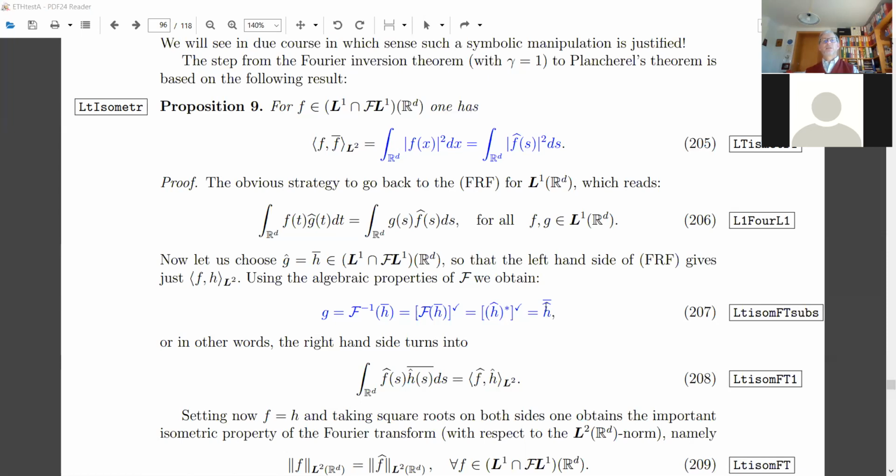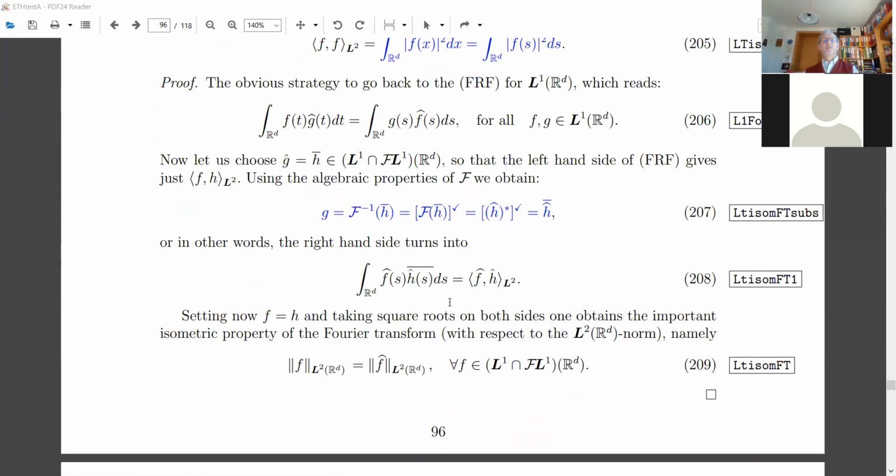So this means that if we start here with something which is the scalar product of f with h, we get on the right-hand side, f hat against h hat conjugate, which is of course the scalar product over the s variable in this. Now we can specialize it and say, well, what if we take f equals h?